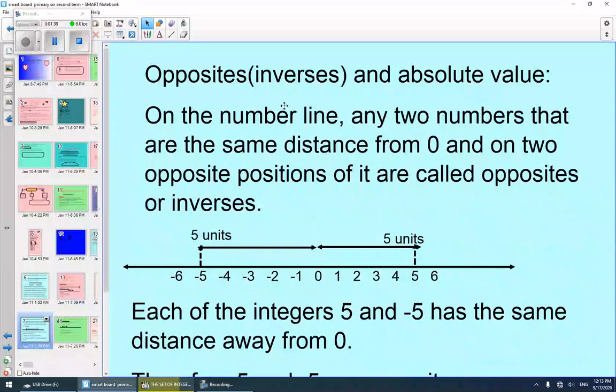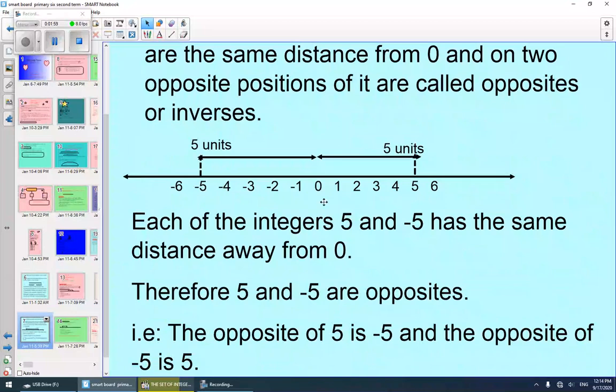Opposites or inverses and absolute value. On the number line, any two numbers that are the same distance from 0 and on two opposite positions of it are called opposites or inverses. Look at this number line, number 5 and negative 5.